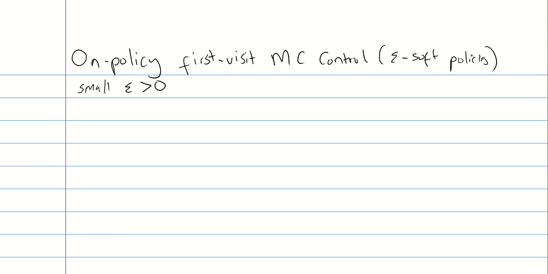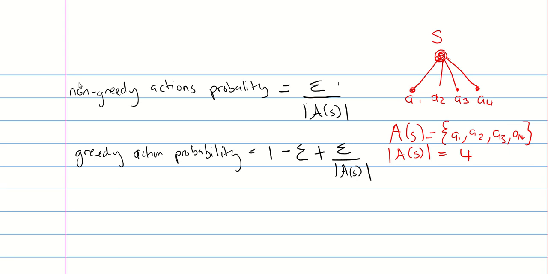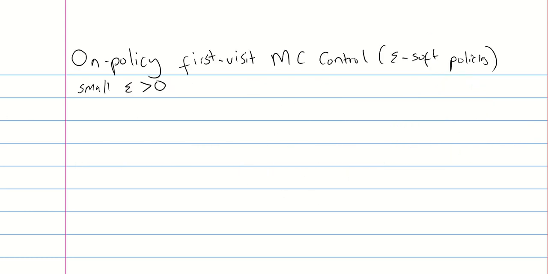It would have been, of course, easier to just say epsilon divided by the non-greedy actions, but there's actually a reason for this representation of attributing this value to all 4 actions and then just adding it back here. We're going to go through that, but please try to convince yourself why this works in this way. So we're going to start with a small epsilon, and we will initialize the following.